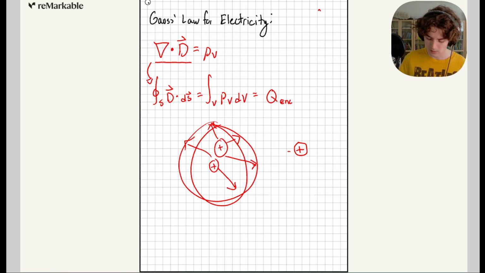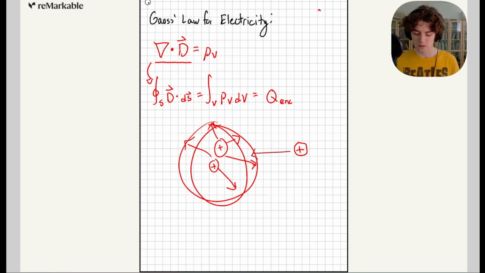Well, now it enters the sphere, changing the amount of flux traveling through the surface, the amount of flux density traveling through the surface, without changing the charge enclosed within that surface. How does this get balanced out? Well, in this case, it's because the field line at some point has to exit our closed surface, and at that point, the contributions cancel out.